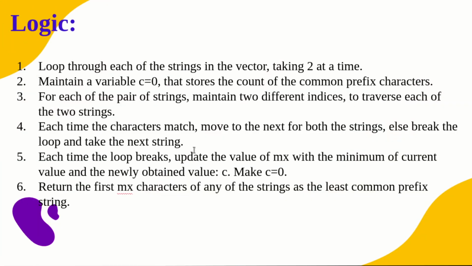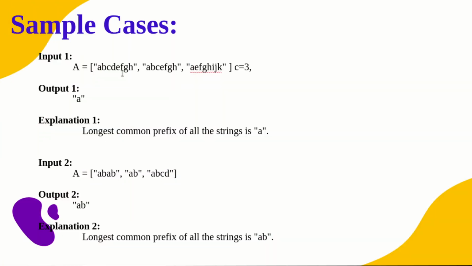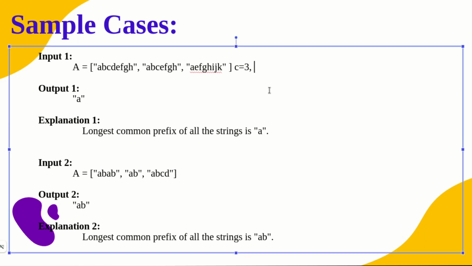Each time the loop breaks, update the value of mx with the minimum of the current value and the newly obtained value of c. Suppose you have got c equals 3, your mx will become 3. Then you loop between these two strings. You pick up these two strings and compare them character by character. The new c becomes 1 because the first character matches, but c remains 1. c doesn't become 2, because the second character is not matching.